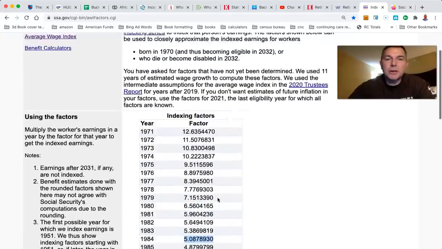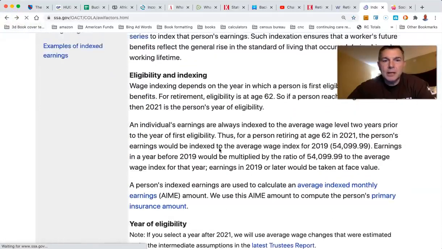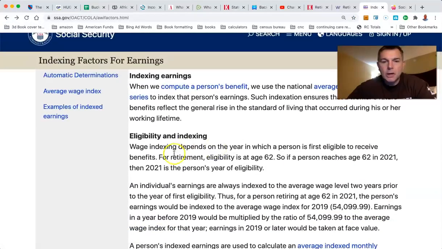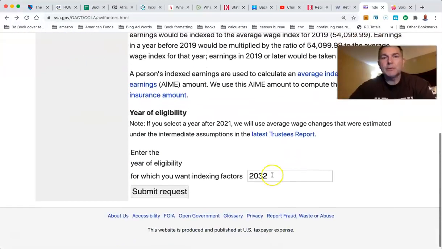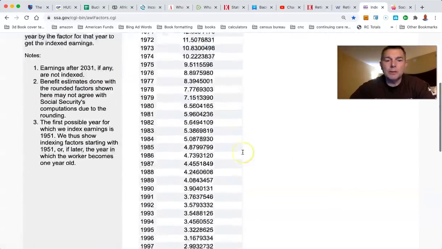And that's what Social Security says. They say, look, we are saying for retirement, eligibility is at age 62. So if a person reaches age 62 in 2021, then 2021 is his first year of eligibility. Well, my first year of eligibility is 2032, which makes my indexing numbers way different than what they're using.